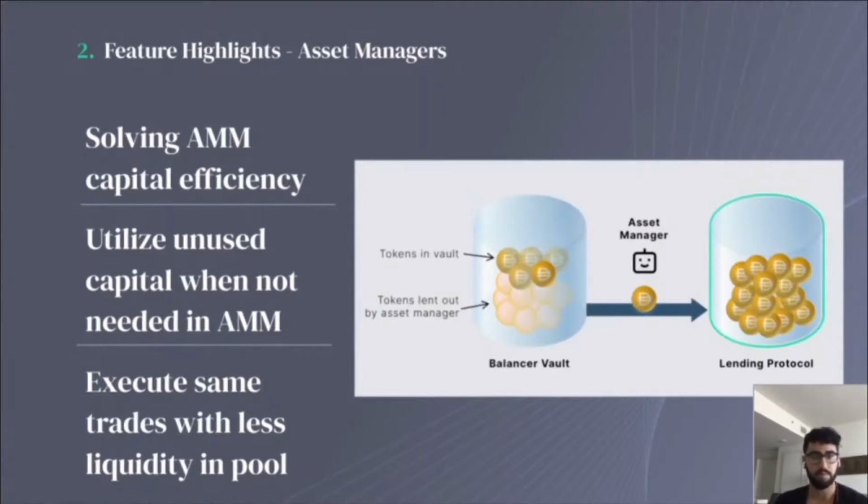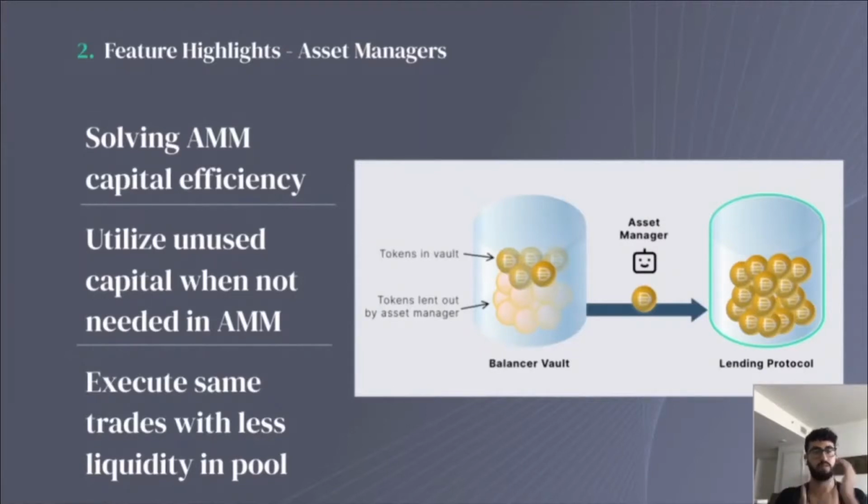Basically all AMMs face this dilemma of capital efficiency, because at any given time, the majority of tokens held in a liquidity pool are actually not needed to satisfy the demand for trading. As people are trading against liquidity pools on an AMM, there's some portion of tokens that are actively needed to fulfill those trades.